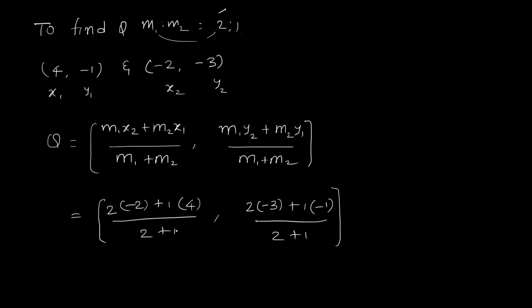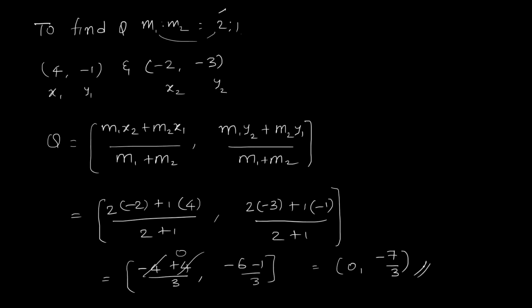That would be 2 into -2 is -4 plus 1 times 4 is 4 by 3, and 2 into -3 is -6, 1 into -1 is -1, by 3. So that will become (0, -7/3).